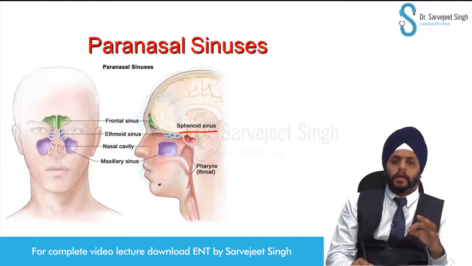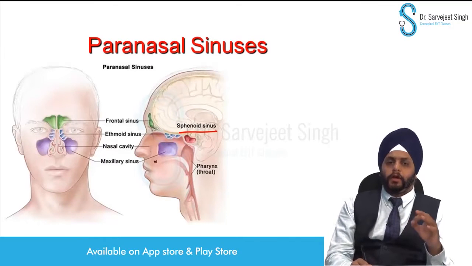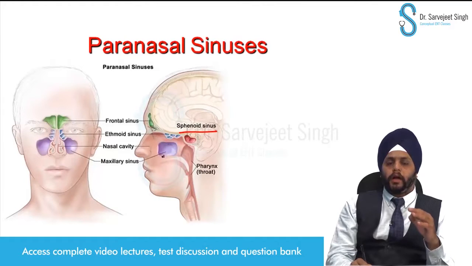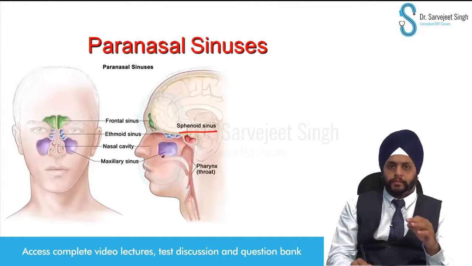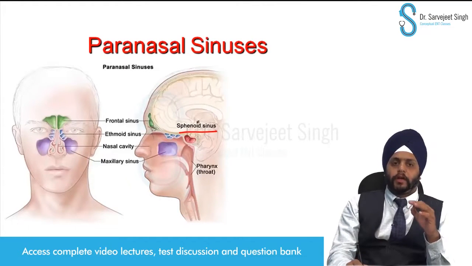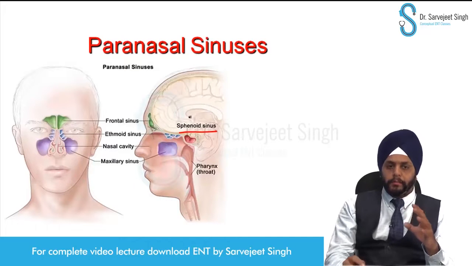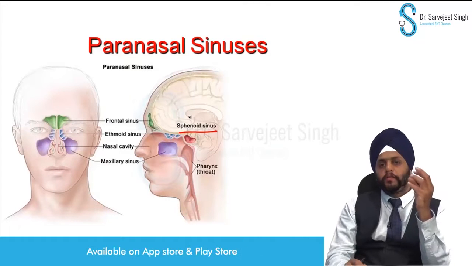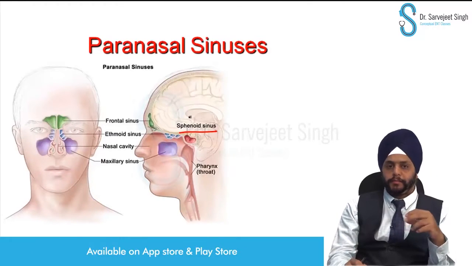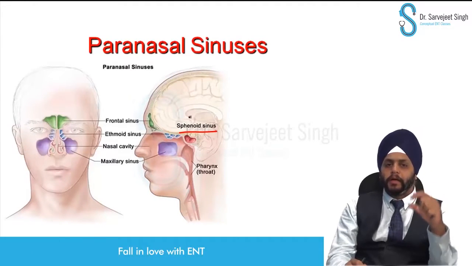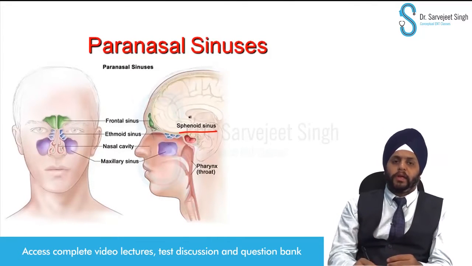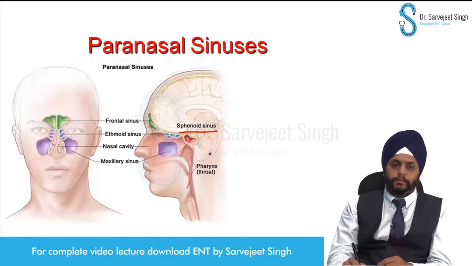Traditionally it has been taught that the sphenoid sinus starts developing around 2 years of age. But at the time of birth, we still have a very, very small sphenoid cavity present, but the main pneumatization of the sphenoid sinus starts around 2 years of age.